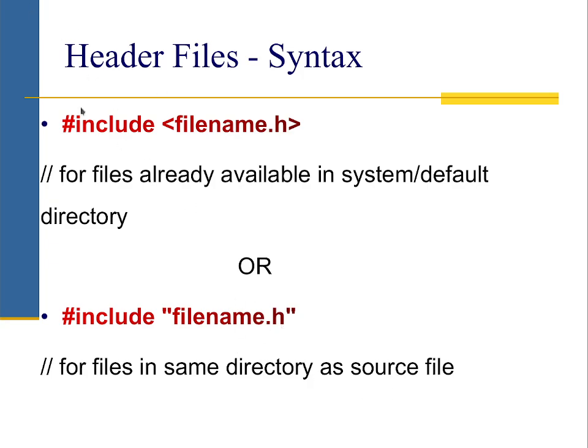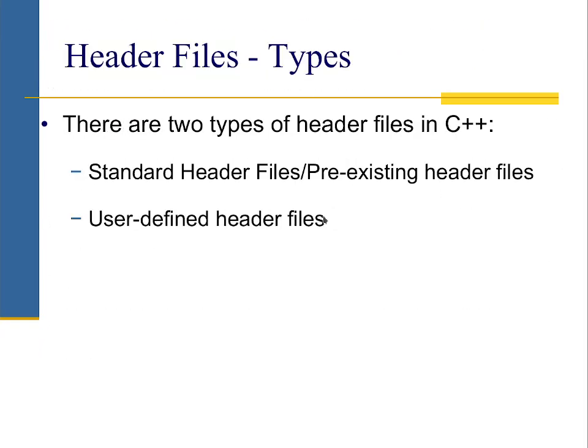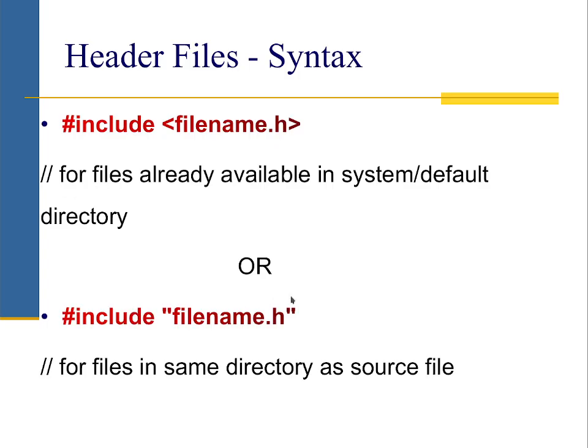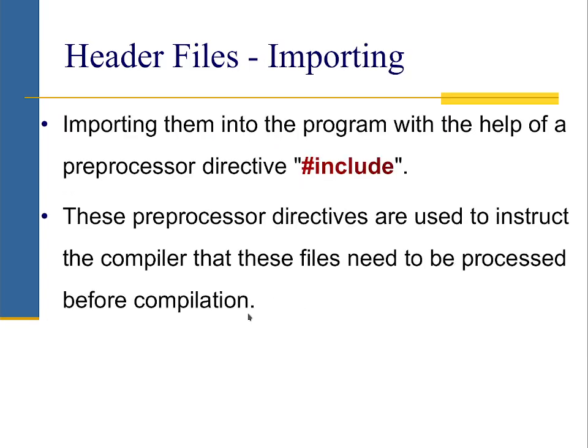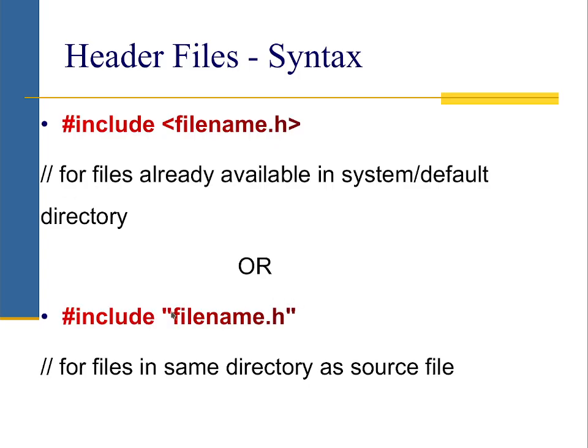So if the header file is in the default directory, you use less than and greater than. But if the header file is in the same directory as the source file where you are coding, then you use double quotes.